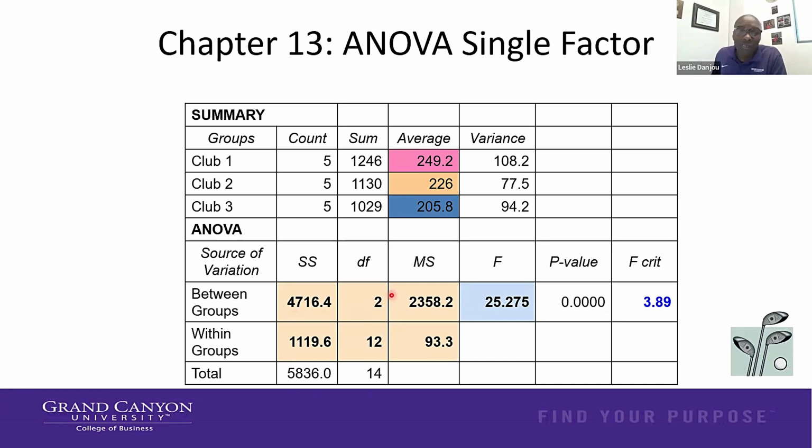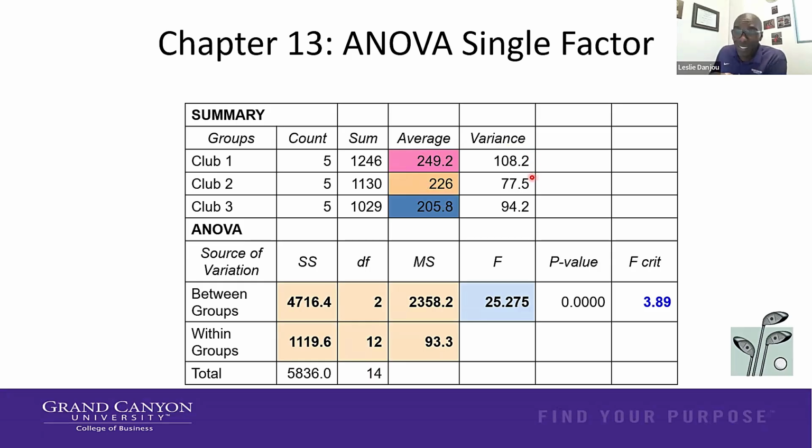Right off the bat with the ANOVA single factor analysis toolkit, you're going to see that it takes all those numbers and sums them up, finds the averages, and automatically finds the variances.